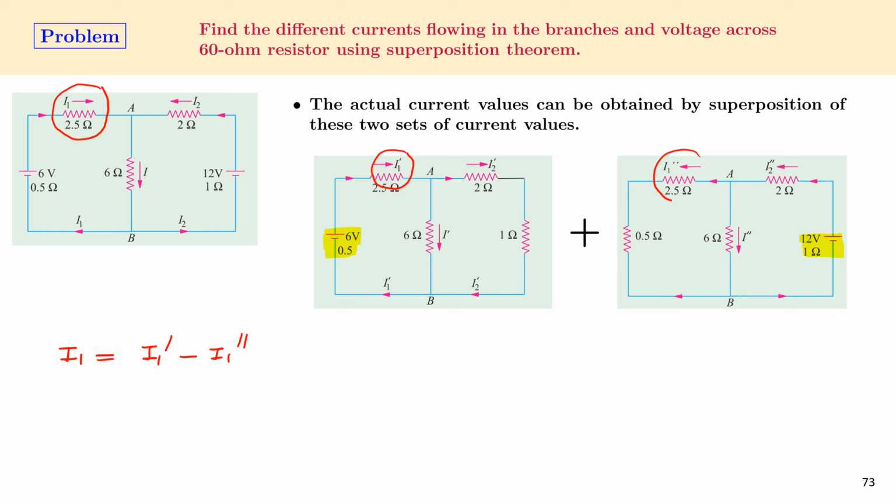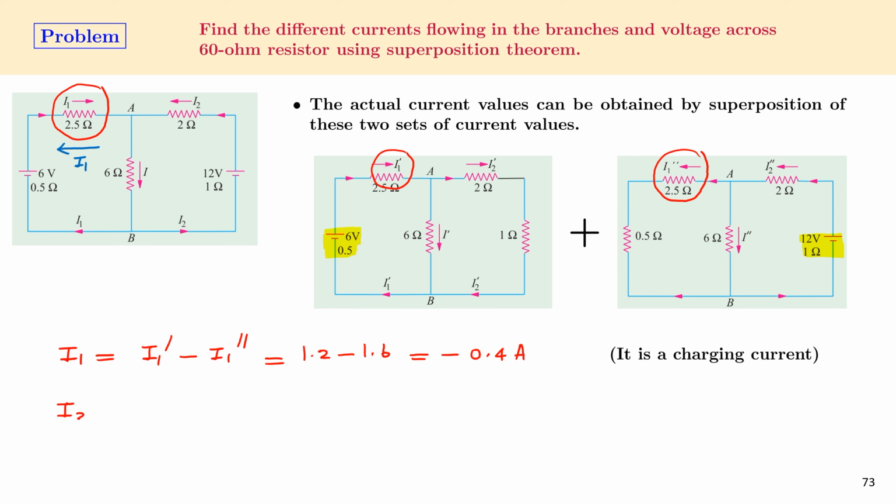This is minus I1 double prime because the currents are in the opposite direction. When we calculate, this will be 1.2 minus 1.6, which is equal to negative 0.4 ampere. And this is a charging current. That is, the actual direction of I1 is in the opposite direction.